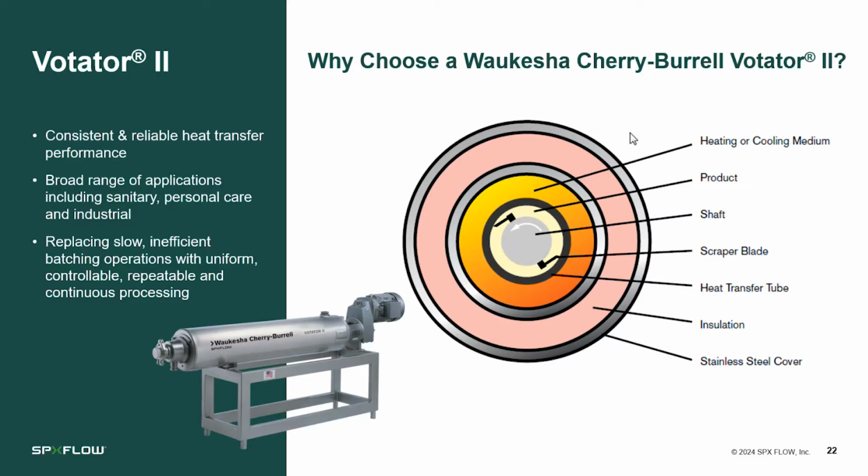That's another thing: we like to think that this is a heat exchanger that just loves continuous processing and flow. It will keep working consistently and give you really a uniform product, homogeneous, and a repeatable solution, whereas you might struggle with that in other types of technologies.